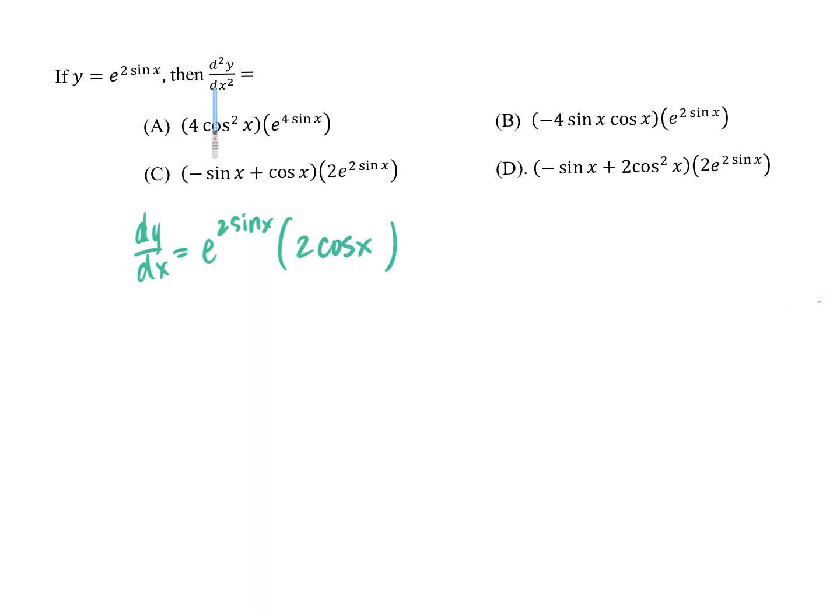So then when they want the second derivative, this is when you say, you nasty. This is gross. The second derivative, what rule will we have to do if that's the first derivative? Product, right? We got one thing times another. Whew. We got to do chain now in that product.